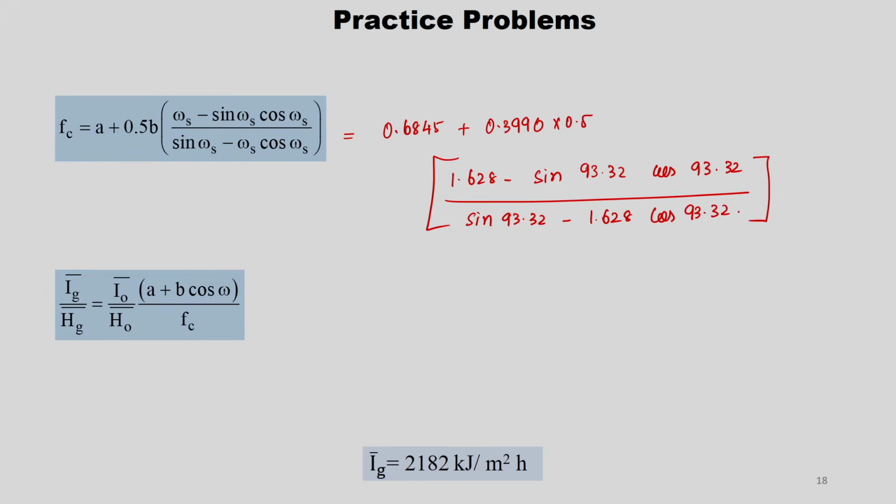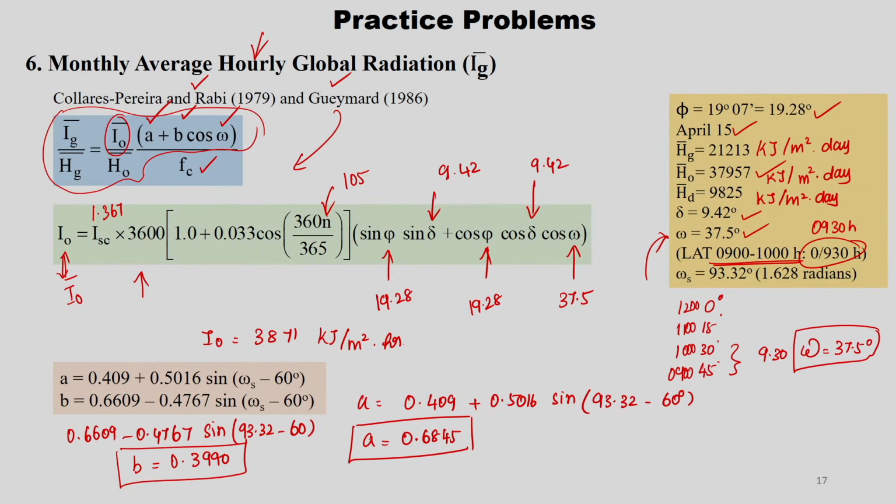So this is your Fc, and its value turned out to be 0.9924. This is for the location of Mumbai city, because the latitude and longitude given are for the Indian city Mumbai. For this location Fc is around 0.99, so it is around 1.